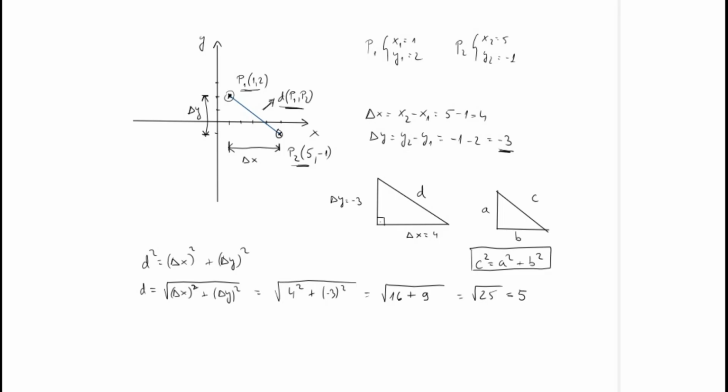So the distance between P1 and P2 is 5 units.